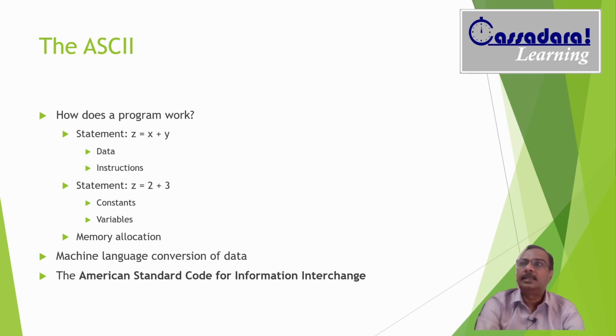So all these things need to be allocated in memory, and for that, they have to be converted into ones and zeros, the machine language, before they are allocated into memory. So how do we convert our numbers and characters to be allocated in memory, right?